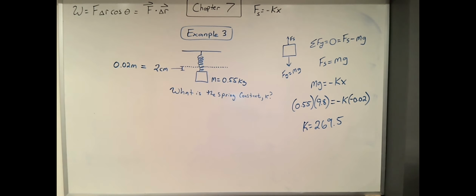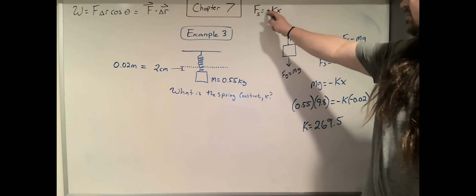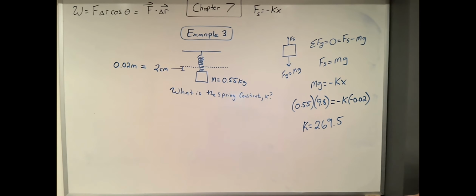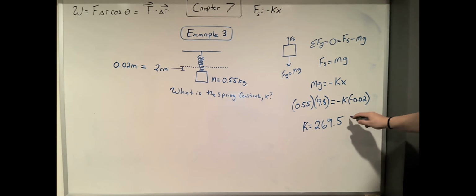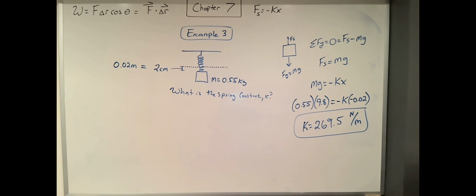Now, what are the units of the K constant? Well, it's a force being divided over here by an X. So that would be newtons per meter. Okay. And there's our answer on that one. 269.5. Okay, basic one with a spring constant. Let's look at another one.